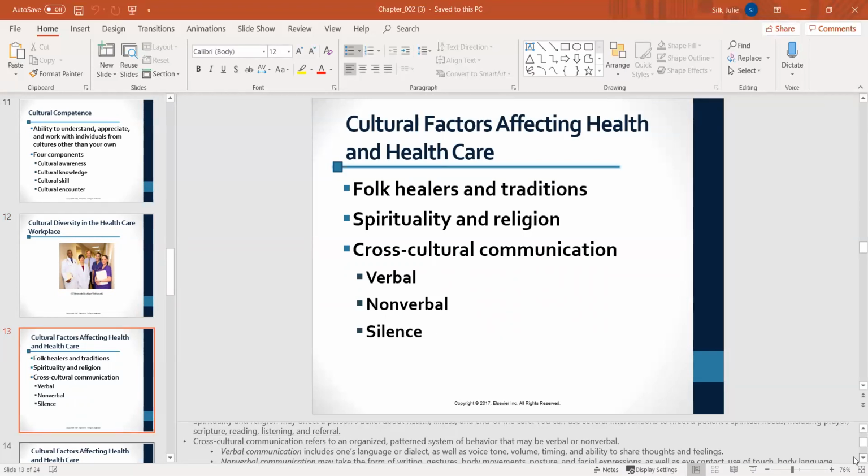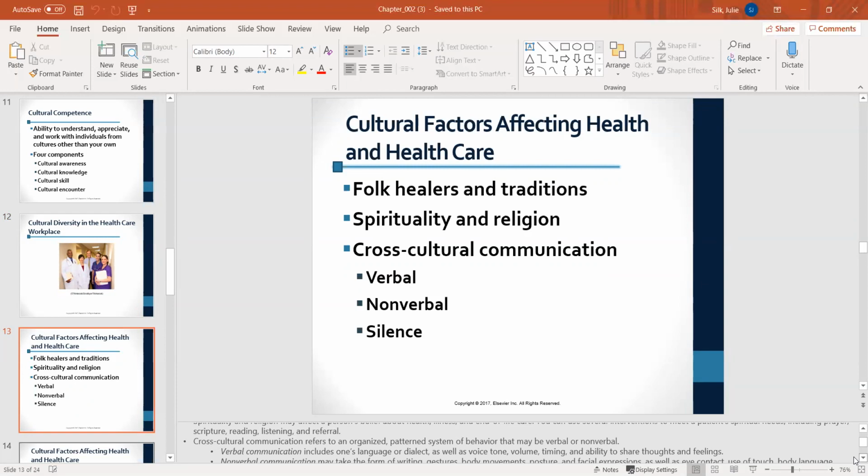Cross-cultural communication refers to an organized pattern system of behavior that may be verbal or nonverbal. Verbal communication includes one's language or dialect, as well as their voice, tone, and volume as they're sharing their thoughts and feelings.